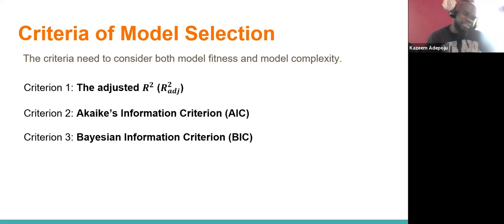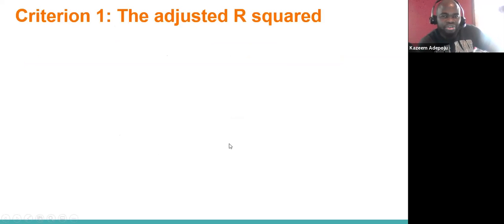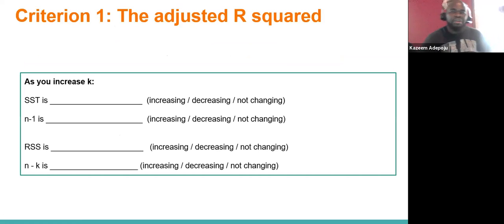This is one of the most popular criteria used in deciding between models. And we also have another criterion that we call the Bayesian information criterion. So these are the criteria we use in model selection.